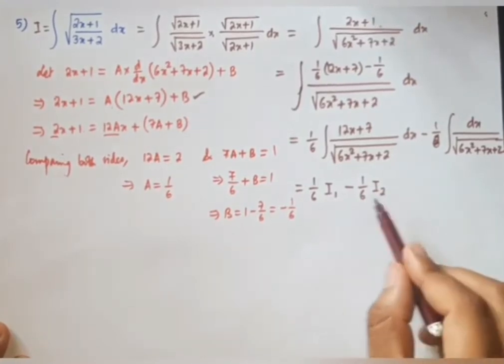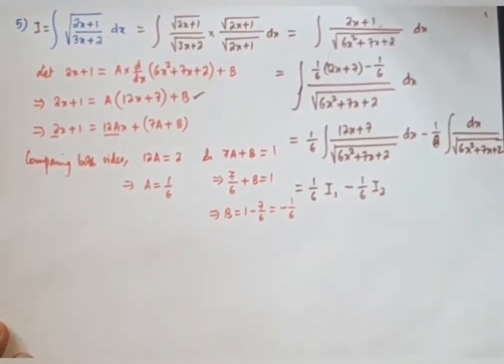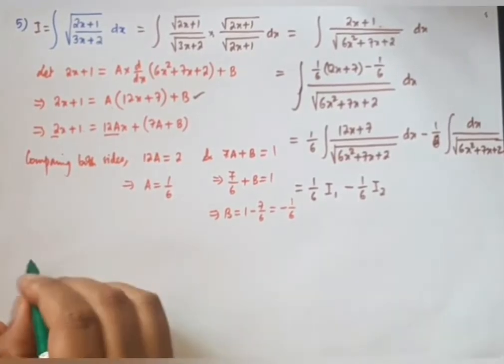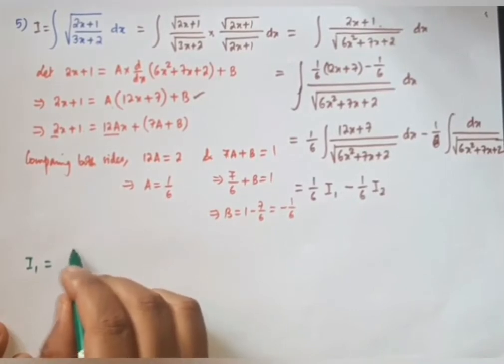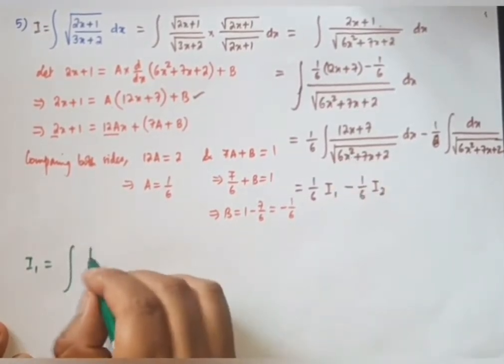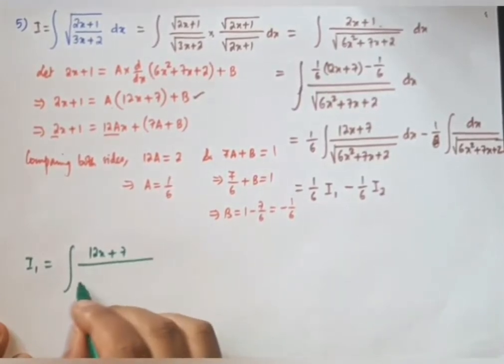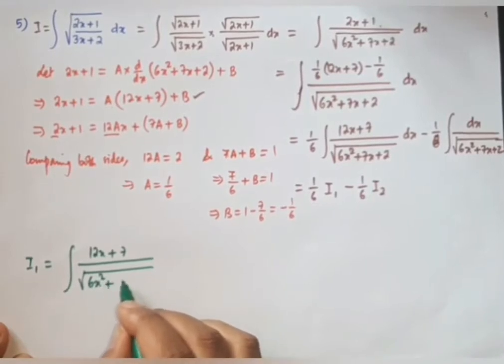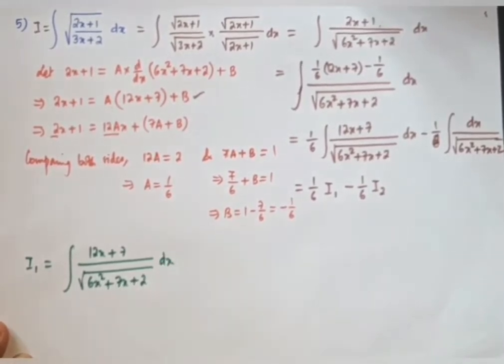So let us evaluate I1 and I2 separately. Now to evaluate I1 and I2, let us begin. So we have I1 equals the integral of 12x plus 7 by square root of 6x squared plus 7x plus 2 dx.